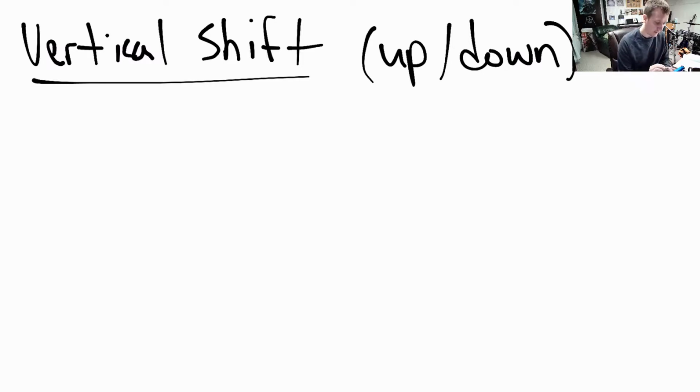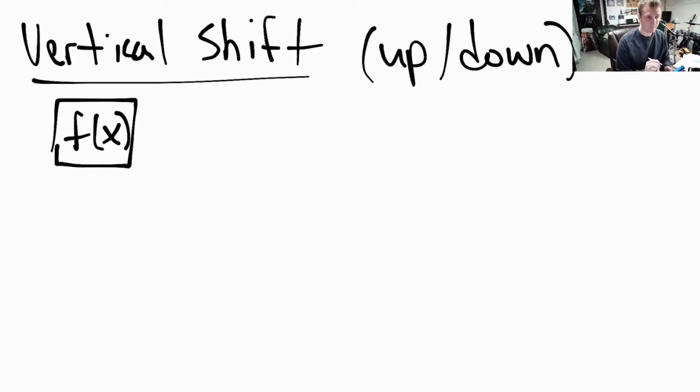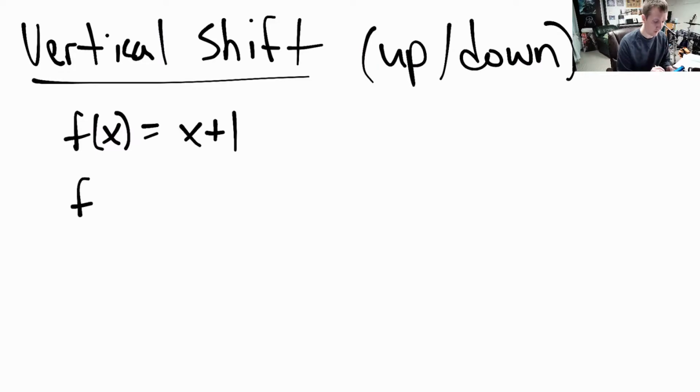So before I get into this, I think it's a good idea to remember that in our function notation, x is our input, right? But this whole thing, that's our output, right? If we plug in 1 to this function that I just wrote down, we get the number 2. This is 2.